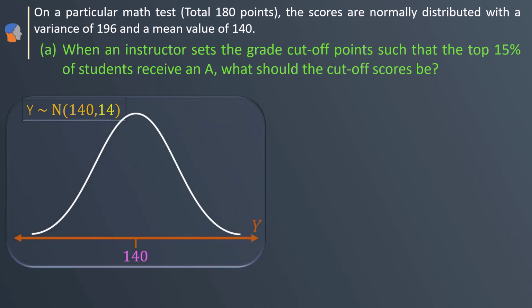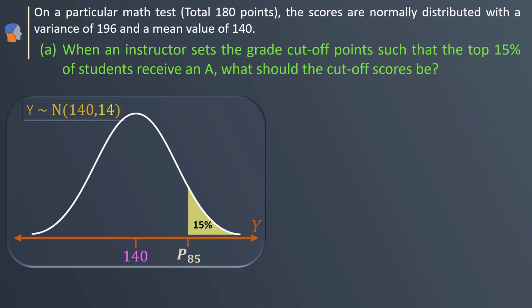Here the density curve is symmetric around 140 because the mean is 140. Then asking top 15%, that means the area right of P85. Actually, we need to find the y value that has 15% of the area from the right corner.